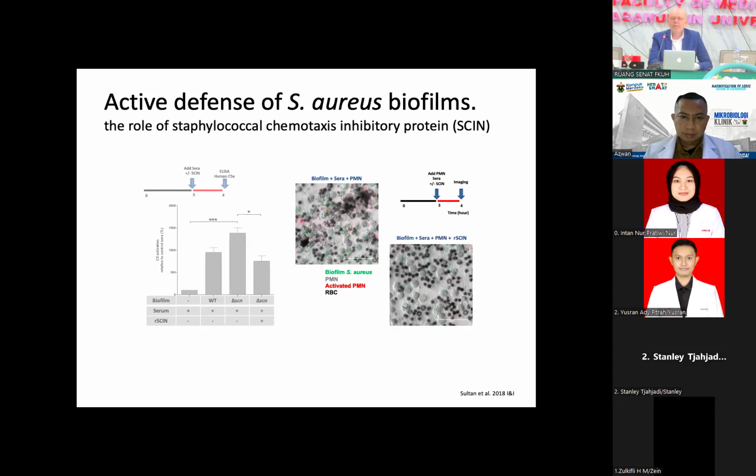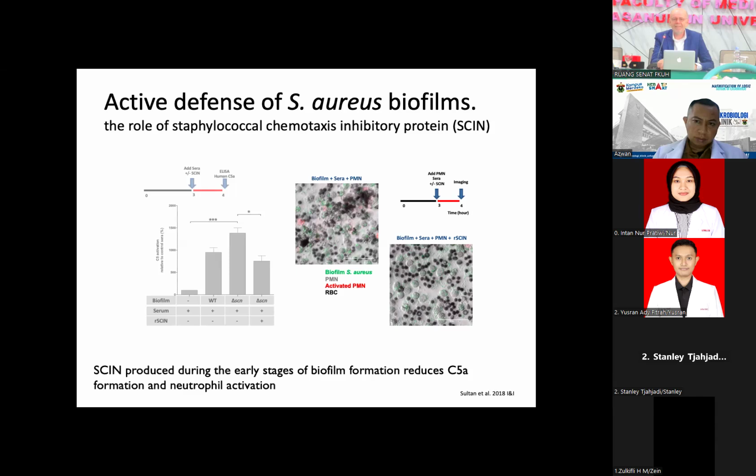When SCIN is present, the neutrophils are there together with the bacteria, but it looks calm, which is rather strange. Yeah? The neutrophils should be activated. So, depending on the presence of this immune modulator, our immune system can be tempered, which is, of course, disturbing. Yeah?